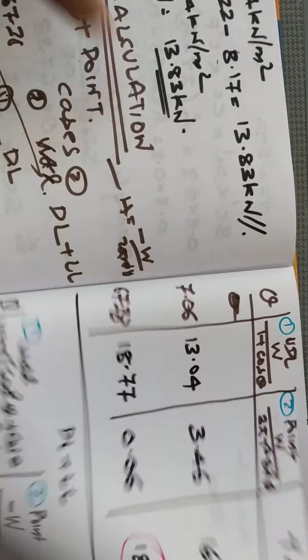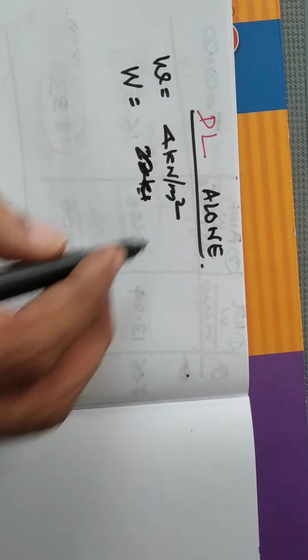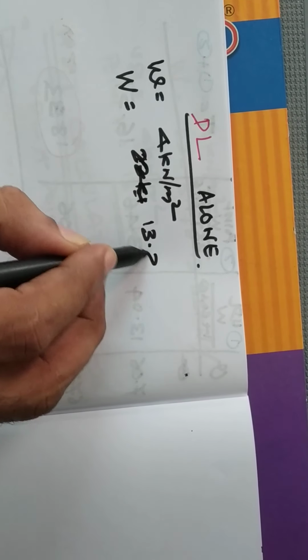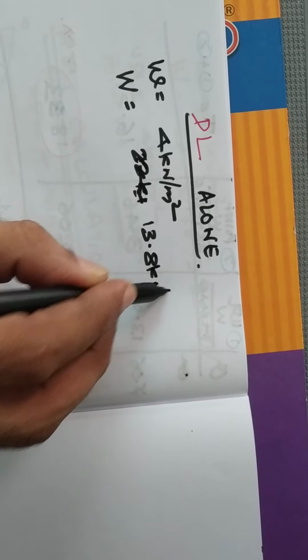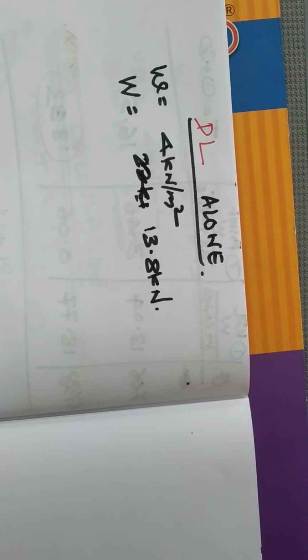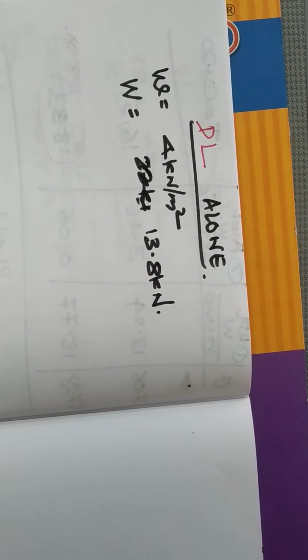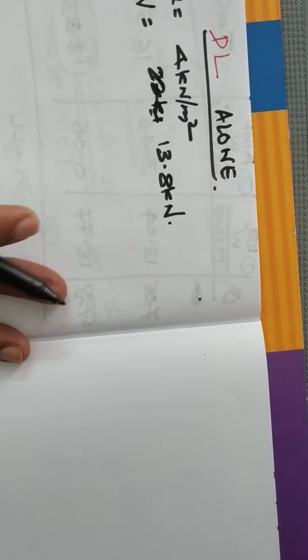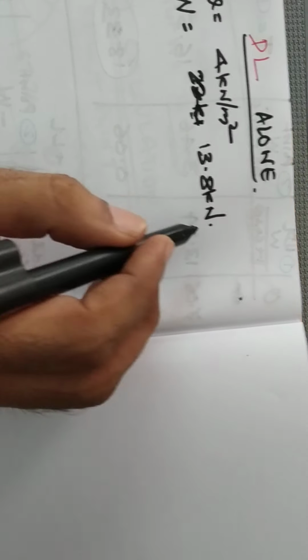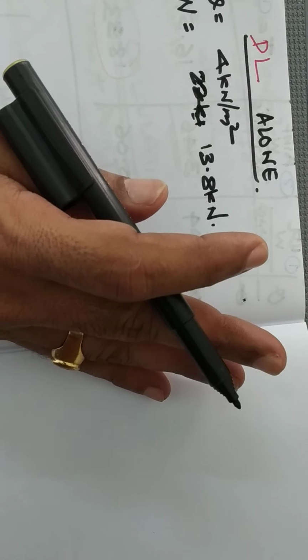Yeah, I think we have calculated 13.83 kilonewton. Yes. Okay, so you need to deduct this one, because your dead load is, as you know, you should remove the live load actually, correct?